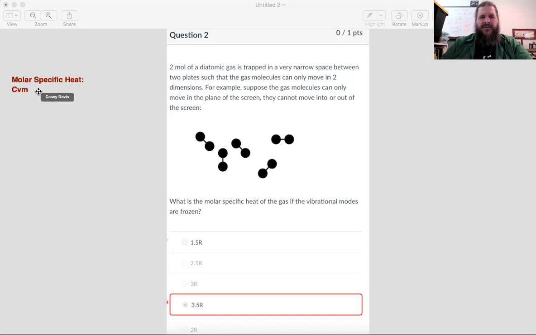Do you have a formula describing how heat capacity per mole and number of modes are related to each other? Yeah, 1/2 times number of modes per particle times R.